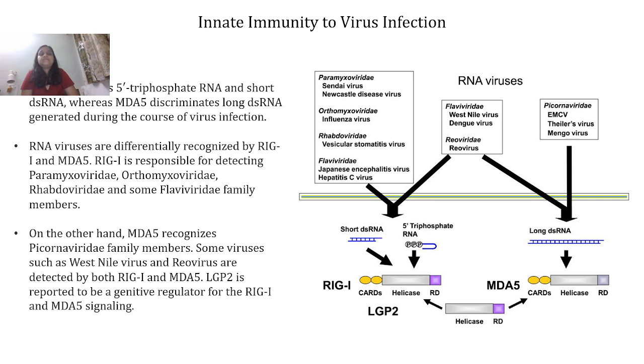So, for example, one of the PRRs is the RIG-I molecule, which recognizes 5' triphosphate RNA and short dsRNA, whereas MDA5 discriminates long dsRNA generated during the course of virus infection.